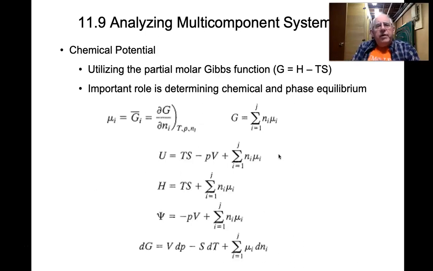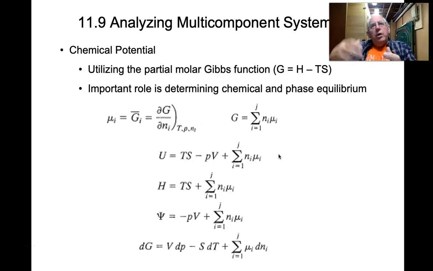So one can think of it as, let's say that we had a mixture of oxygen and nitrogen, and the oxygen was 21%, and the nitrogen was at 79%. Okay, that mixture of nitrogen and oxygen would have a certain Gibbs function associated with it.